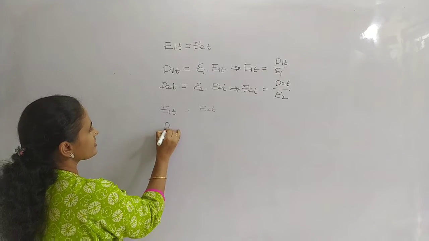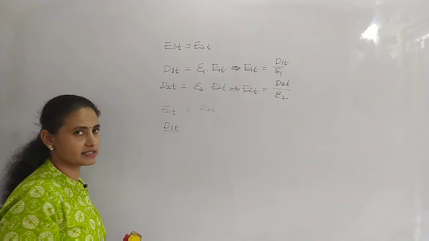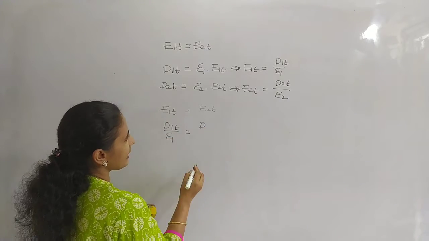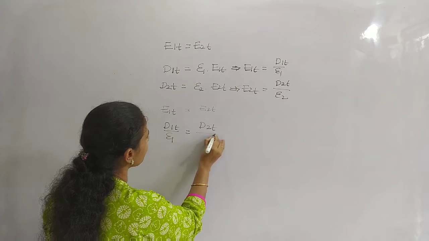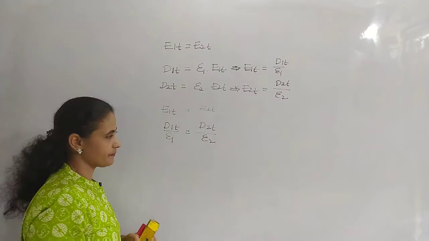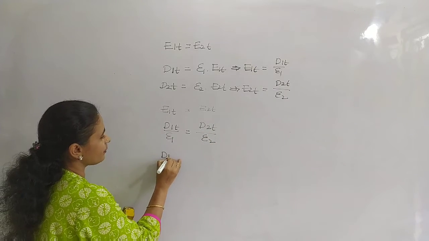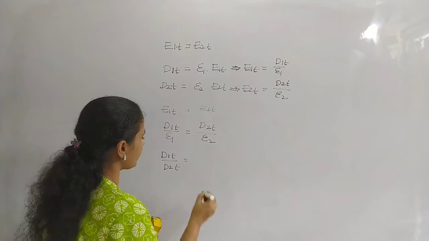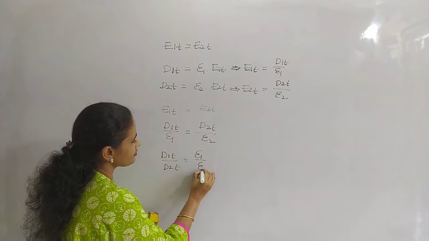So D1T, the electric flux density tangential component in medium 1 with epsilon 1, is related to the electric flux density in the second medium with its permittivity. So the tangential components of flux densities in both mediums are in the ratio epsilon 1 by epsilon 2.